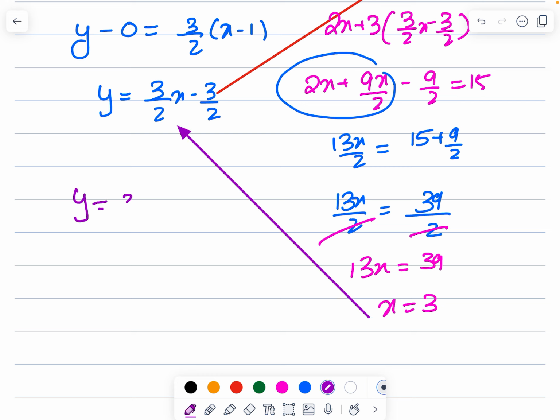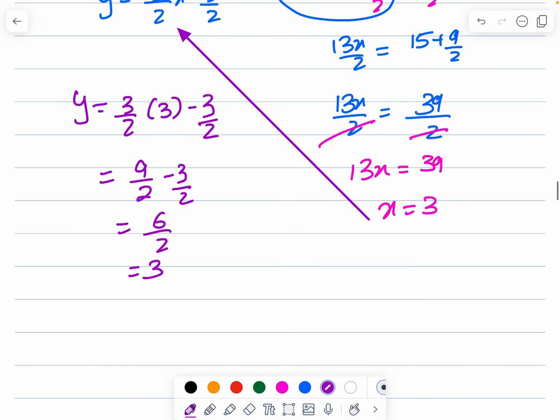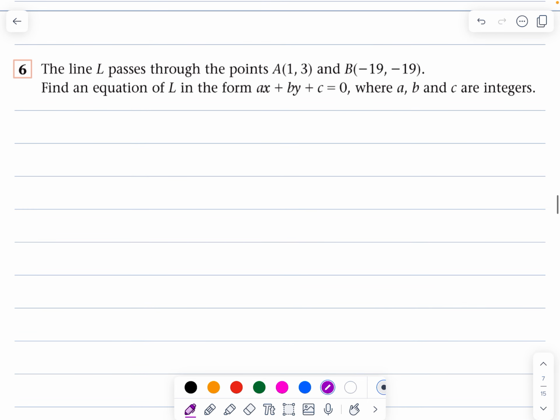So y equals 3 upon 2 times 3 minus 3. So 9 upon 2 minus 3, which is 3 upon 2 again, 6 upon 2, which is 3. So what are the coordinates of C? (3, 3) are the coordinates of C.